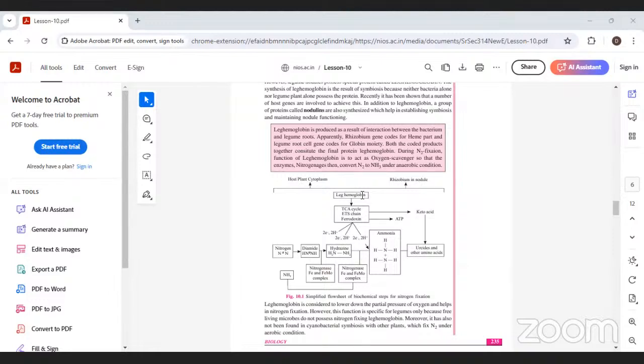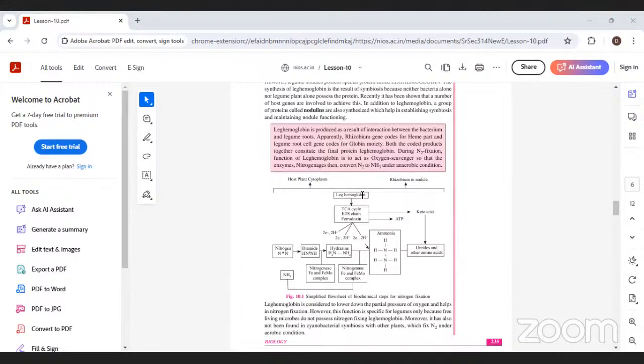Sometimes keto acids also form, that is the ureides and amino acids. This nitrogen N2 forms diimide, N2H2, then hydrazine, N2H4, and forms the ammonia.